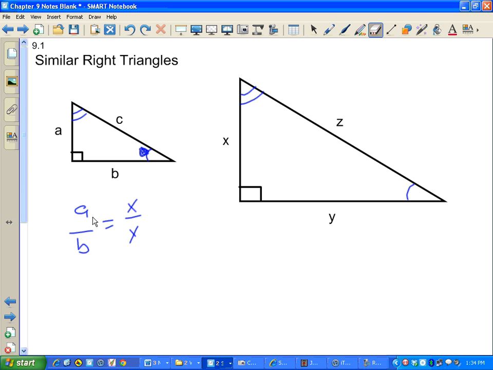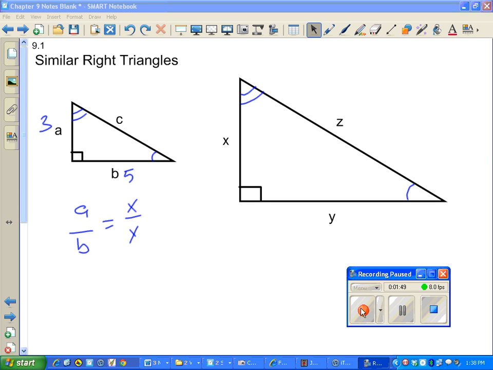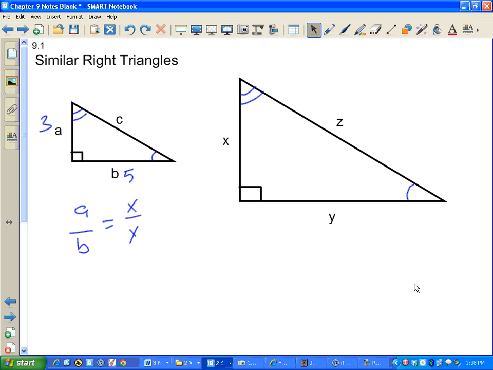Okay, so if you want a more concrete example, if this was 3 and this was 5, the ratio of this side to this side would be 3 over 5.